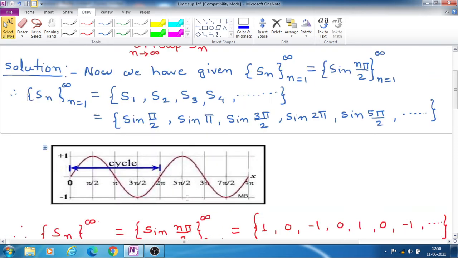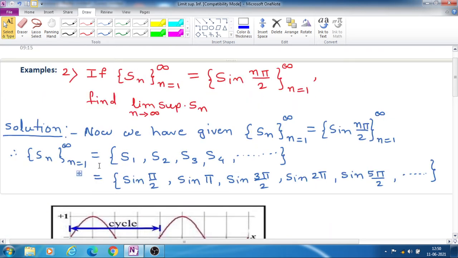So here Sn is given as sin n pi by 2. That means the sequence Sn, if we write all the terms from the first term, is the set S1, S2, S3, S4, and so on.